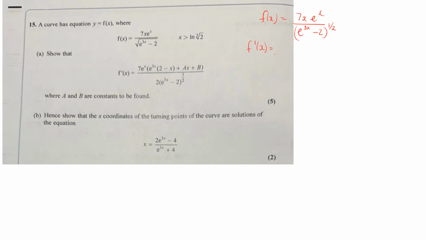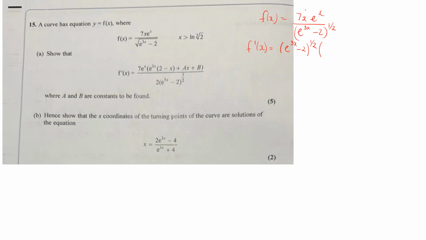When I'm doing the quotient rule, you do get that on the formula sheet, so it's v du by dx minus u dv by dx all over v squared, but I just remember it as bottom, which is the e to the 3x minus 2 to the half, differential of the top. Now, differential of the top is a product, so we have to use the product rule.